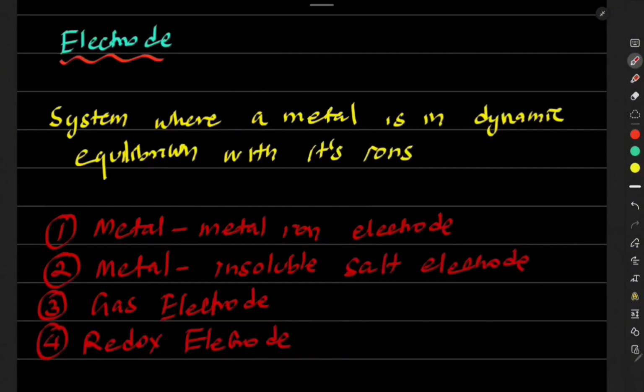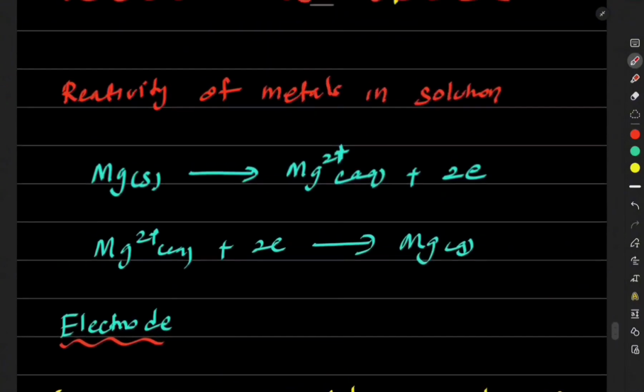In one electrode there could be only 2 reactions. One, it can release electrons. Two, it can attract electrons.